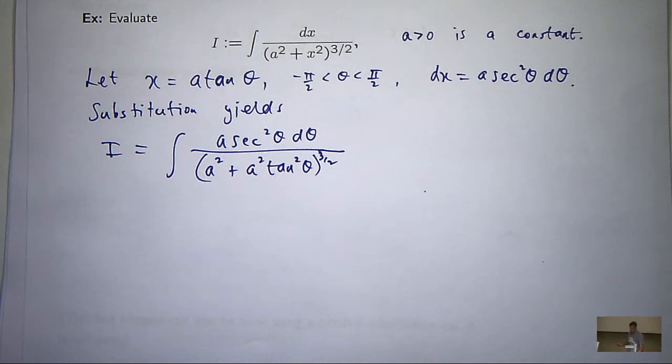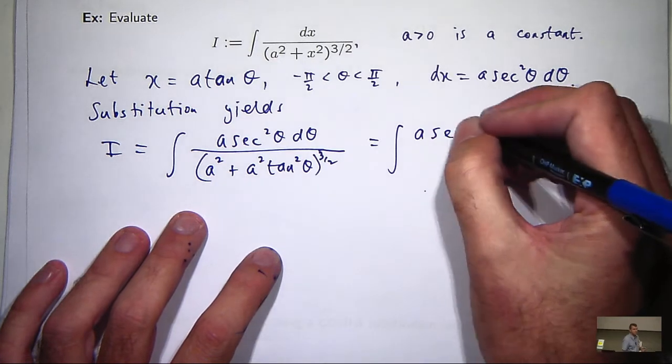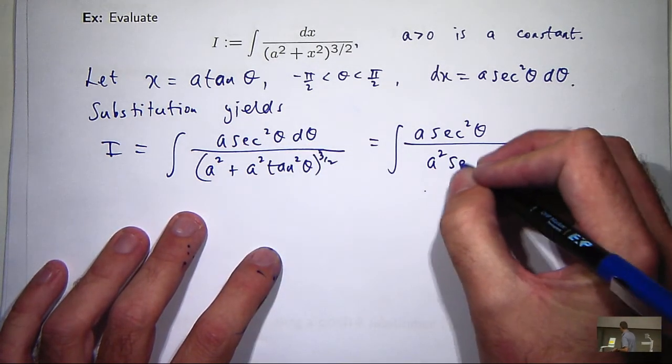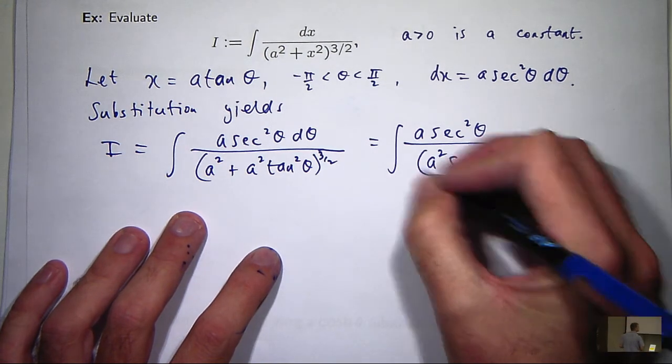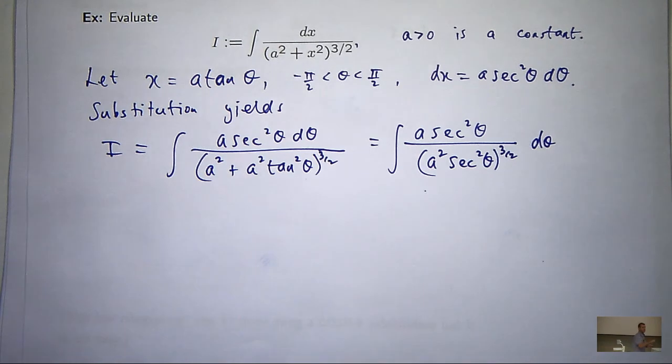Almost done. What's 1 on sec theta? Cos theta, yes. So this is even simpler. So I integrate that to get sine theta plus a constant. All right, so I've done the integration, great, we're very happy.